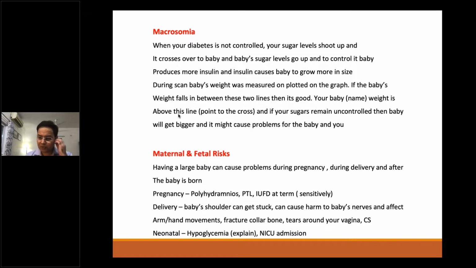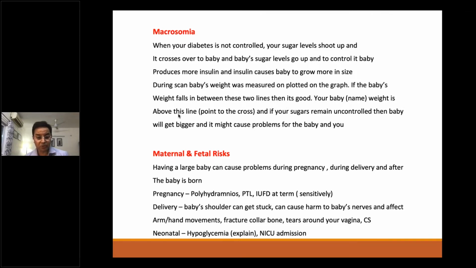For anybody, I think it's very scary to say your baby might die in the womb. So don't use the word die. We can say that the sugars can harm your baby's heart, and it can make the heart stop. That is a sort of signposting. She will understand what it means, isn't it? That's the mechanism of how the IUFD occurs.